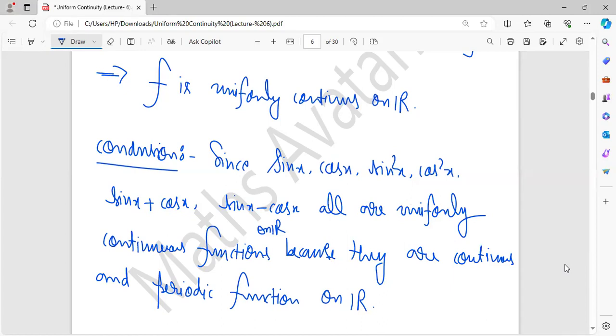We have discussed periodic functions, and we have shown that if a function is continuous on R and periodic as well, it is going to be uniformly continuous. By this theorem, we immediately say that sin x, cos x, sin square x, cos square x, sin x plus cos x, sin x minus cos x, all are uniformly continuous functions because they are continuous and periodic functions on R with period 2 pi.